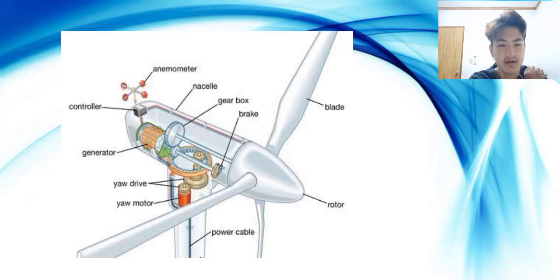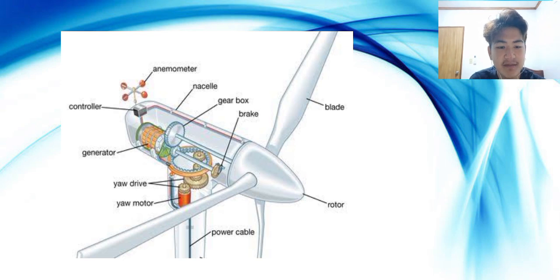So, next. Makikita ninyo dito sa picture ang mga parts ng isang wind turbine. Yung nasa harap dito is yung rotor, at nakakabit naman dito ang blades, and then low speed shaft, and then gearbox na nakakonekta naman sa generator, tapos high speed shaft.